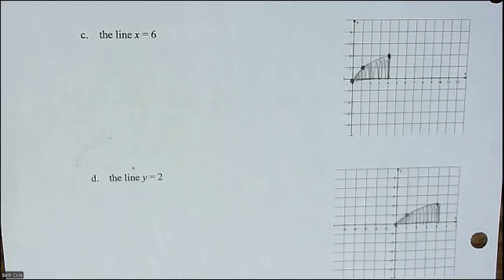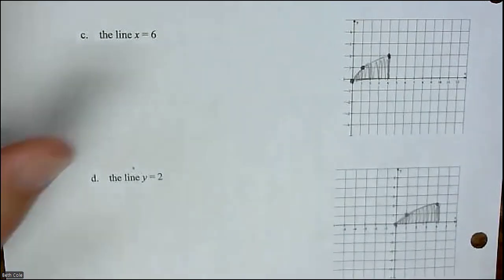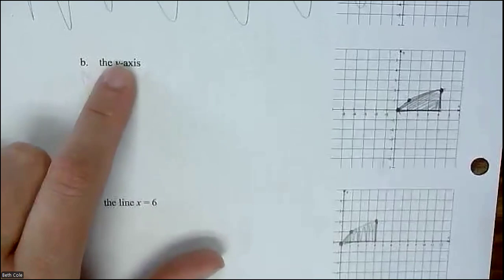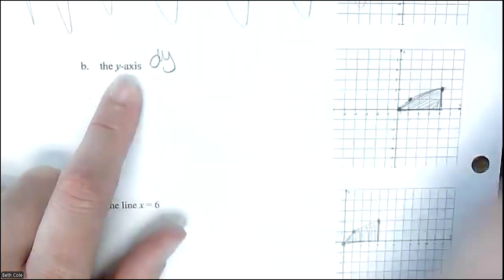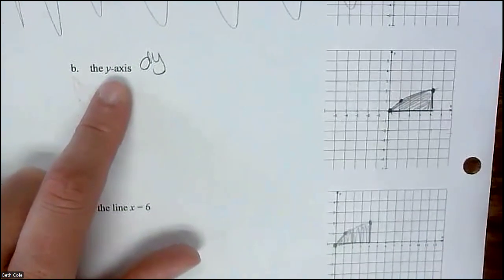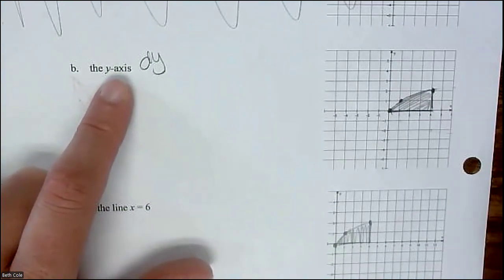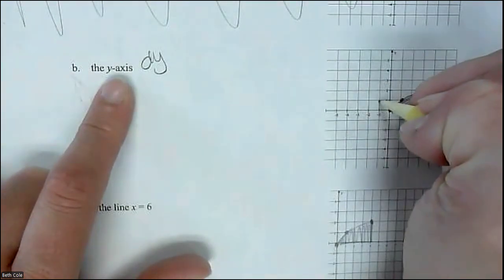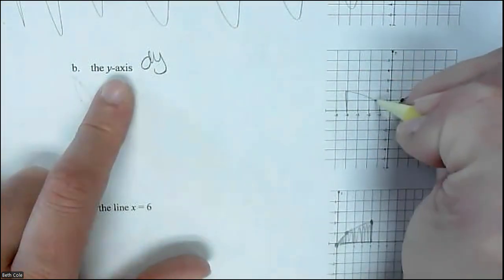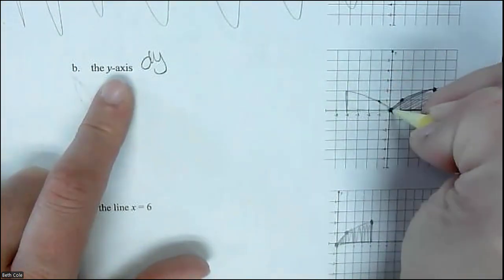So I'm not changing the shape, I'm just changing the axis of revolution. So for this one, we are spinning around the y-axis, so it's going to be dy. So this is your axis of revolution. You can draw your ghost shape on the other side, just reflect it.